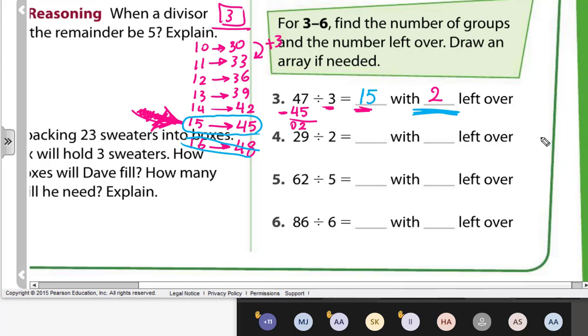Ahmed? Yes, Ahmed, we are dividing 29 by 2. So you can start after 10, right?